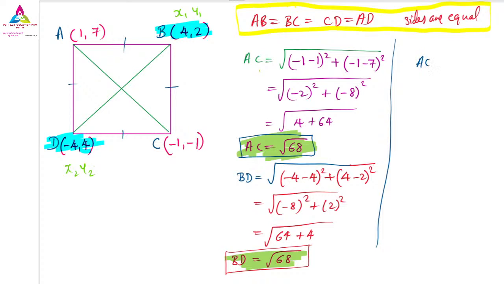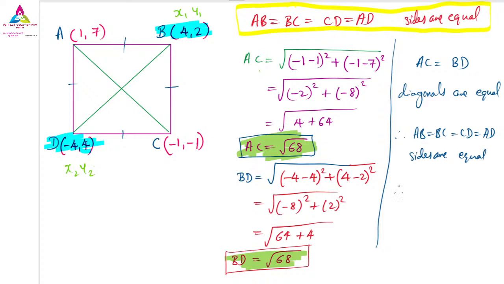So AC is equal to BD, diagonals are equal, therefore AB is equal to BC is equal to CD, that is equal to AD. Sides are equal, therefore ABCD is a square.